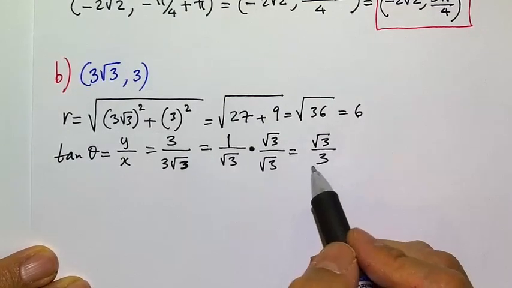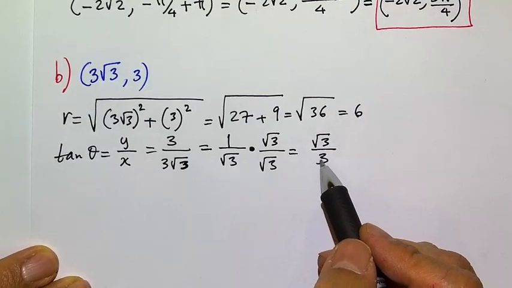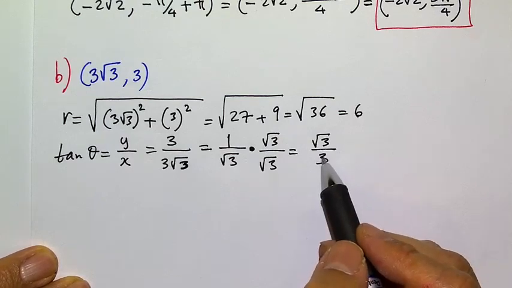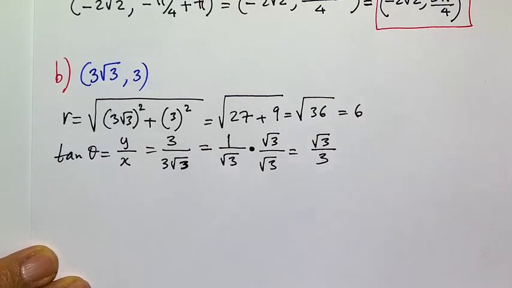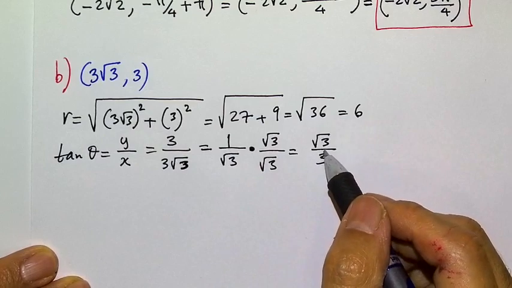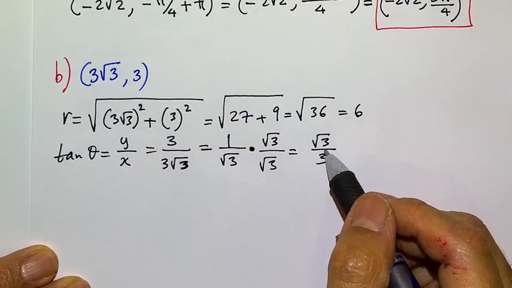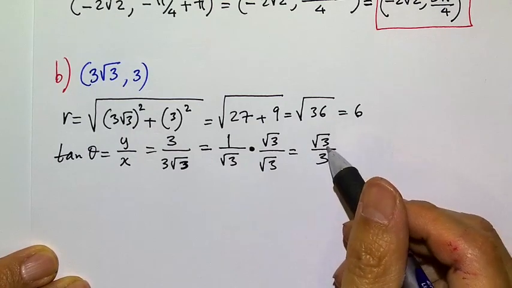Again, if this was an awkward number, I would use my calculator to find the angle in radians. But this is from the table of special trigonometric values that we studied in Math 127.